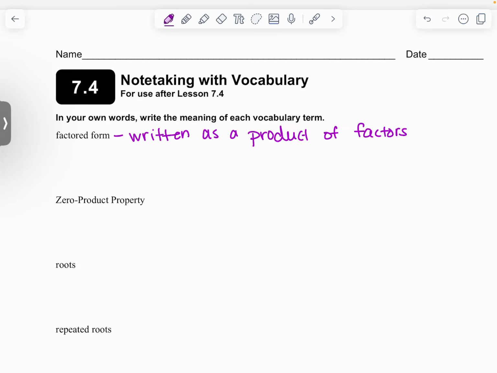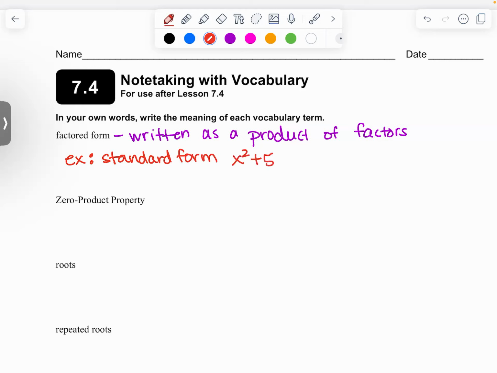Okay. So when I'm talking about factored form, a quadratic in standard form would be x squared plus 5x minus 24.